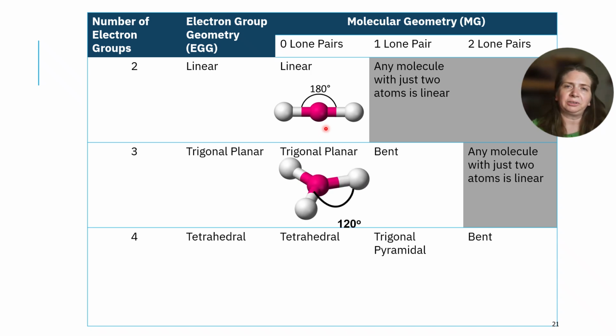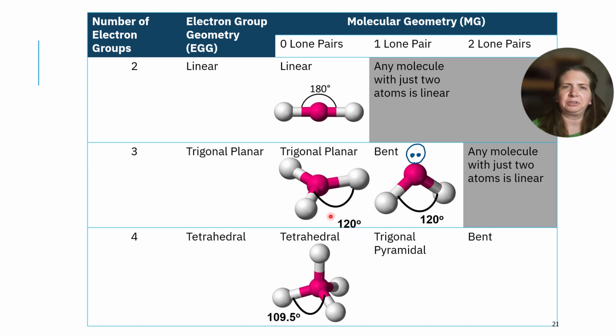For 3 electron groups, the electron group geometry is trigonal planar. The 3 electron groups spread out as far apart as possible, giving bond angles of approximately 120 degrees. If one of these electron groups is a lone pair, the molecular geometry becomes bent. For 4 electron groups, the electron group geometry is tetrahedral. The prefix tetra means 4.